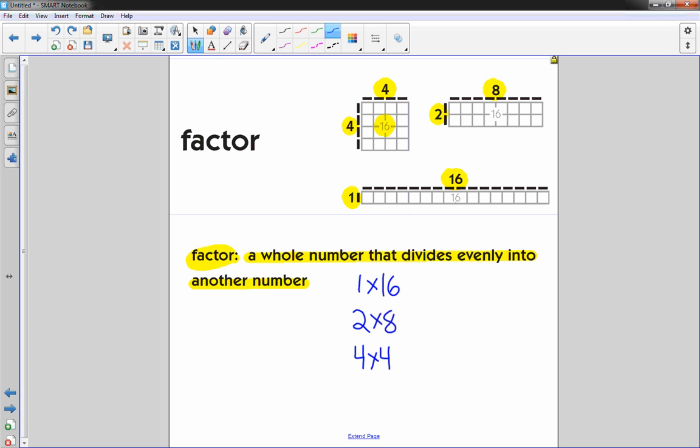I can see that up above. So our factors are 1, 2, 4, 8, and 16 for the number 16.